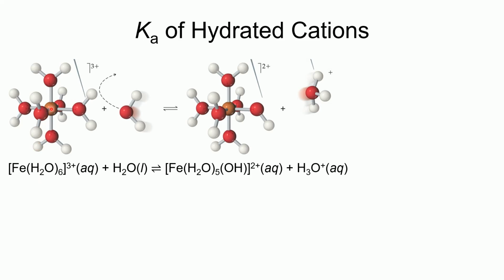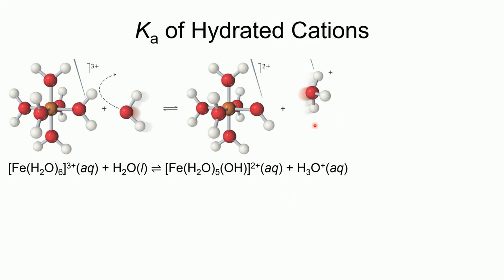Since iron 3 has a positive 3 charge and all of those water molecules are neutral, it's going to have a positive 3 charge overall. When this is present and there are other water molecules, those other water molecules can come along and remove one of these hydrogens, and that will give us some hydronium ion. This is the resulting complex ion that we get here, and there is our hydronium ion.